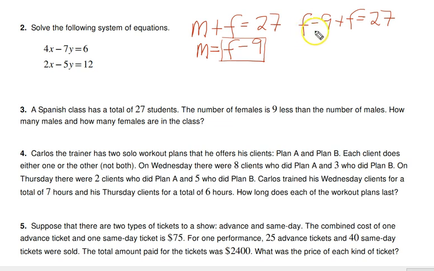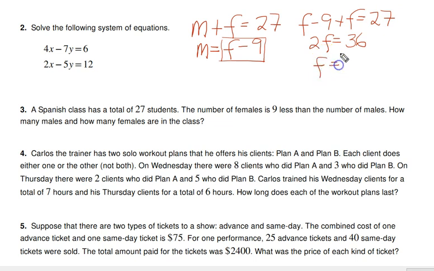And then we collect like terms, 2f. Transpose this to the other side, it's 36. Negative 9, add 9, 36.